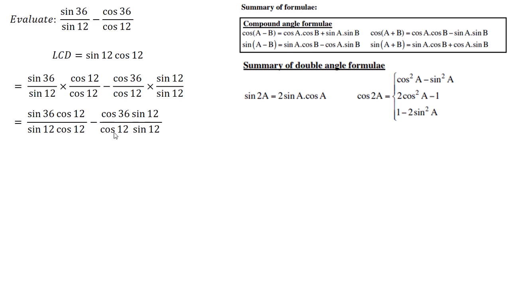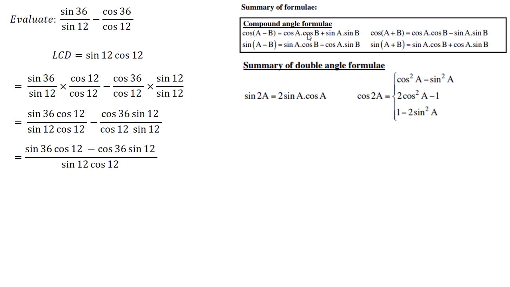Now our denominators are the same, so we can subtract our numerators. We take the denominator as it is and subtract the numerators. We have sine 36 cos 12 minus cos 36 sine 12.